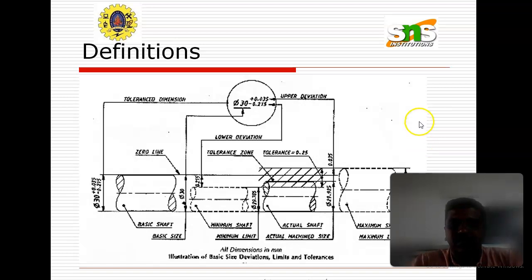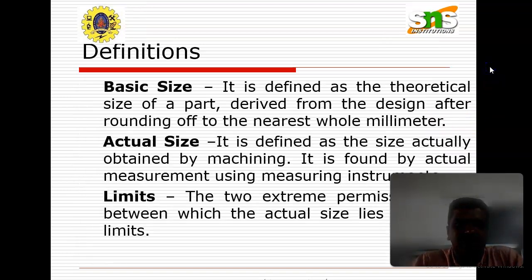Okay, the next definitions are basic size, actual size and limits. What is the difference between them? Basic size is defined as the theoretical size of a part derived from the design after rounding off to the nearest whole millimeter. So this is the basic value.